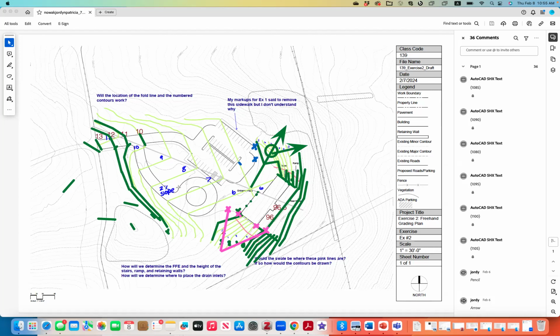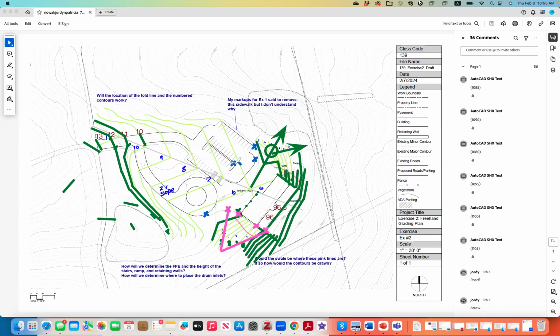So for this portion, it will be somewhere here. Does that make sense? Because this is the lowest point under the 6 contour here. So if this is a median, you need something here as well, because the curb here is obstructing the water flow. Does that make sense?